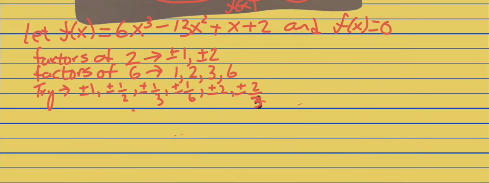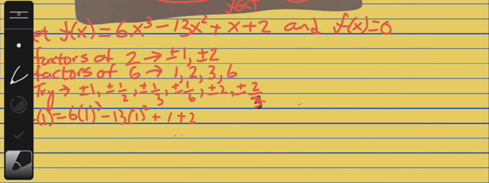If I plug in x equals 1, what I have is f of 1 is equal to 6 times 1 cubed minus 13 times 1 squared plus 1 plus 2. I'm replacing every x with 1. Does that equal 0? No, it doesn't.